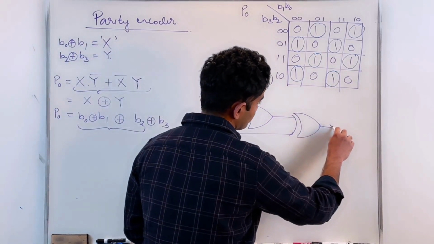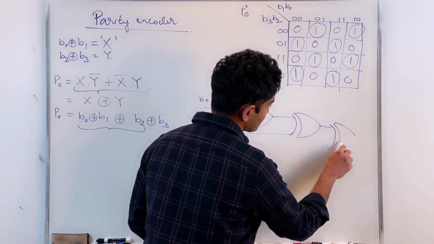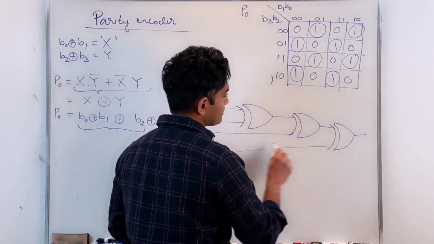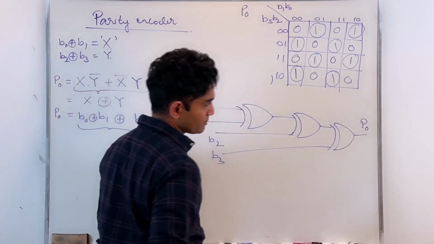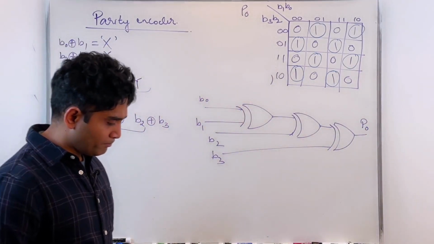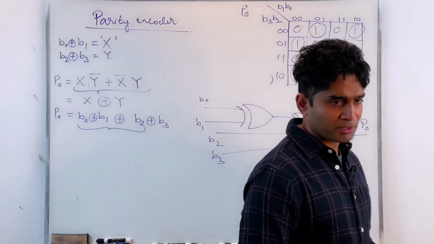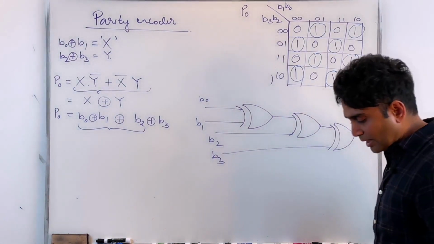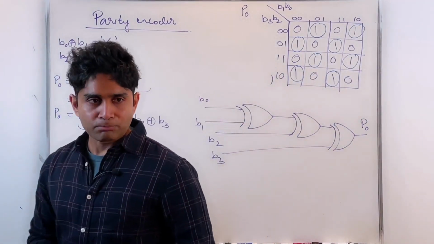So I use another exclusive OR gate here, and I get my P0, my parity bit, the corresponding odd parity bit. Okay, and that's it.